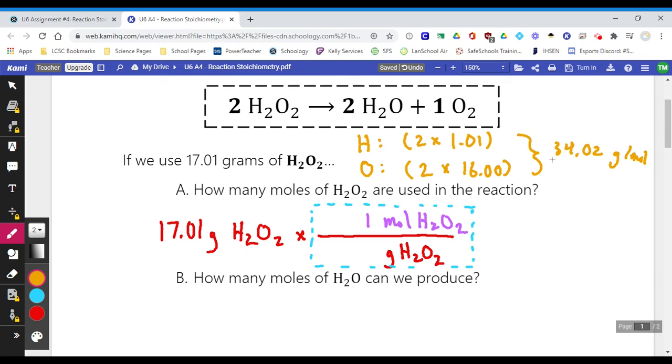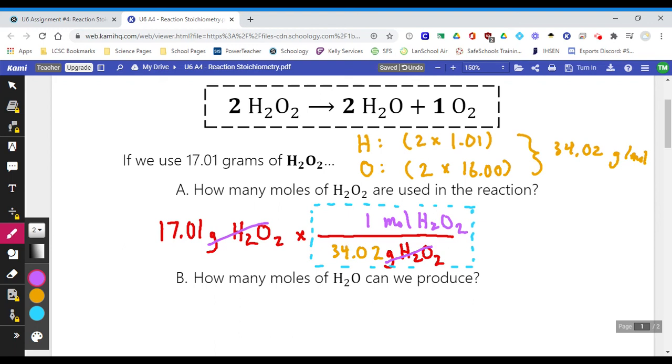Okay, so in 1 mole of hydrogen peroxide, I have 34.02 grams of it. Which means I am all ready to do my conversion. My grams of H2O2 are canceling out when I divide these on the bottom, and when I multiply on top, I'm picking up the moles unit.